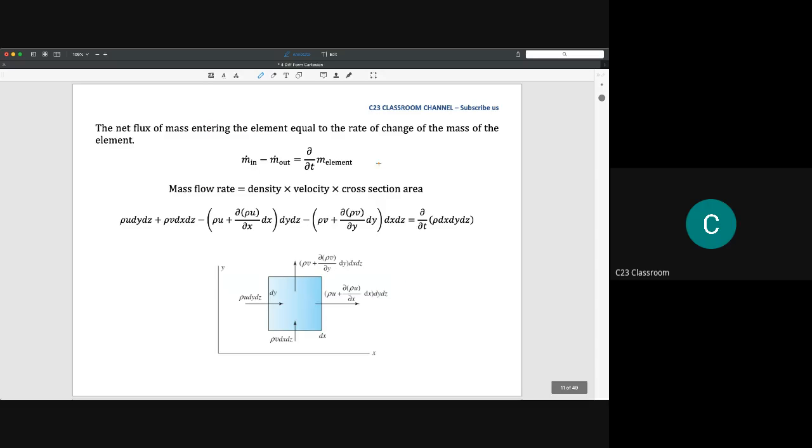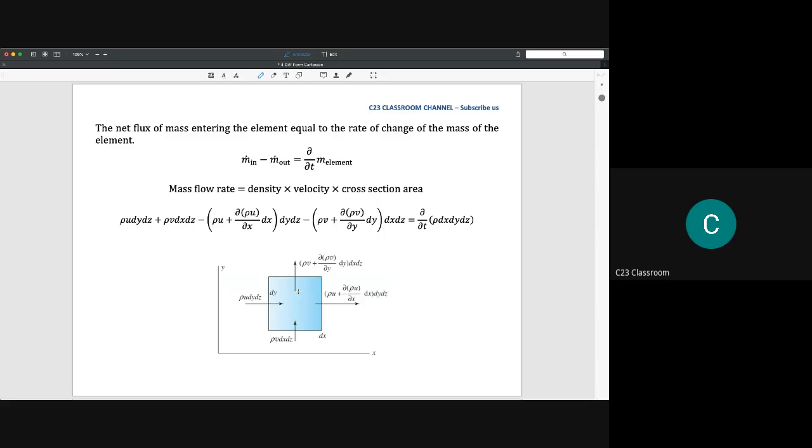Okay, so we go back to our calculation here. Please remember this one, and then we are going to substitute all the information that we have from our schematic diagram here. For the inlet, because we have two inlets, an inlet for x and an inlet for y, we could write rho u dy dz plus rho v dx dz.